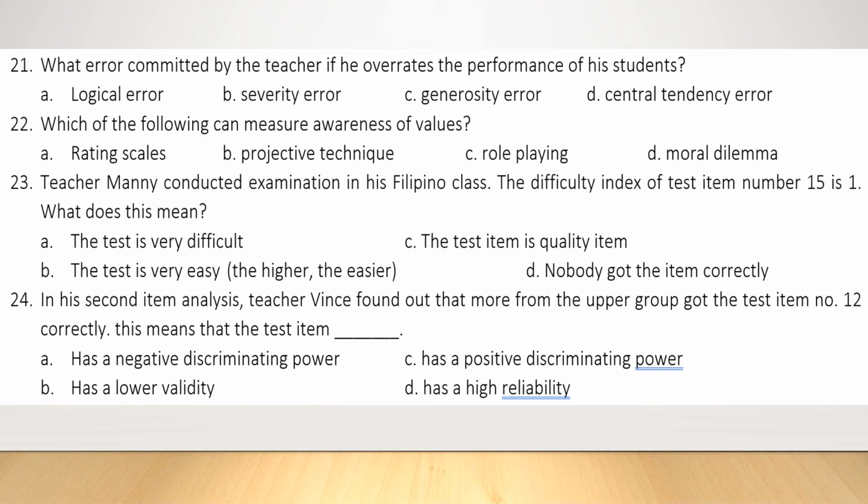Because more from the upper group got the test item correctly. Kung more from the lower group pa, katong mga slow learners, negative ang discriminating power. Positive siya because this particular test item was able to discriminate the upper group from the lower group.